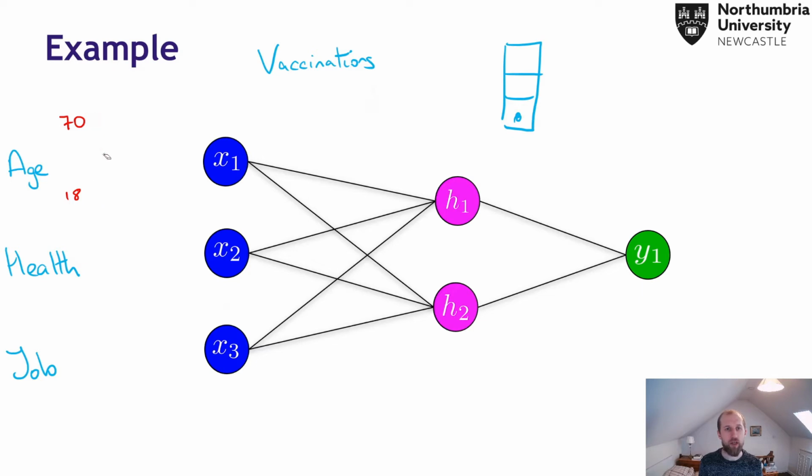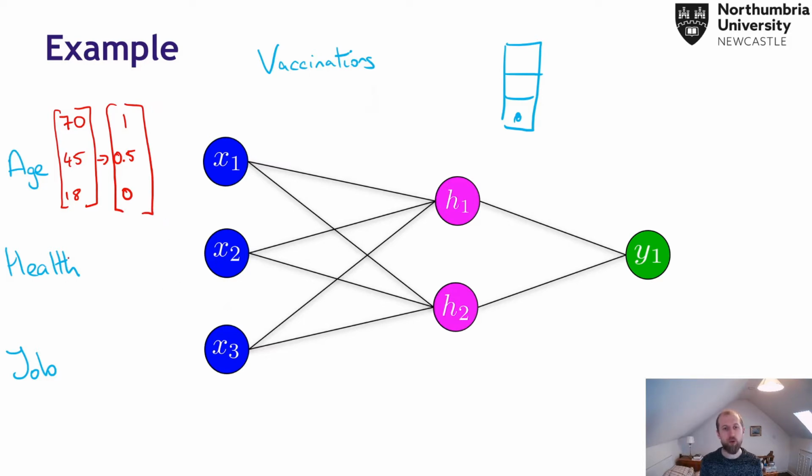So this 70 is going to be 1, and this 18 is going to be 0. Halfway down, around 45, is going to be about 0.5. So we're just converting this range to a new range between 0 and 1. I'll talk about this a little bit more in the next lecture.